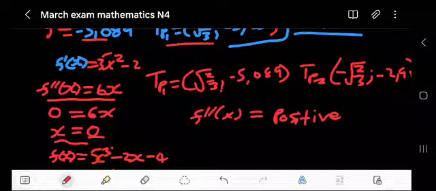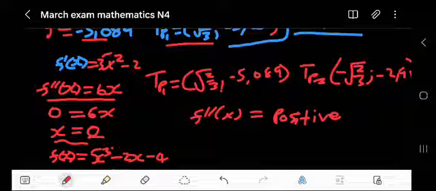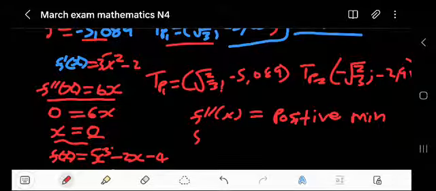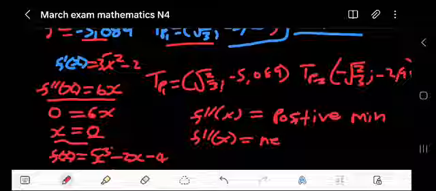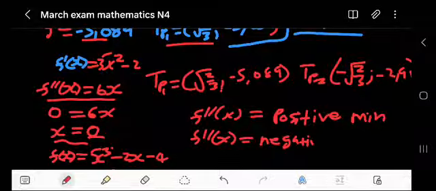If you have obtained a negative value, then we will have your maximum point.